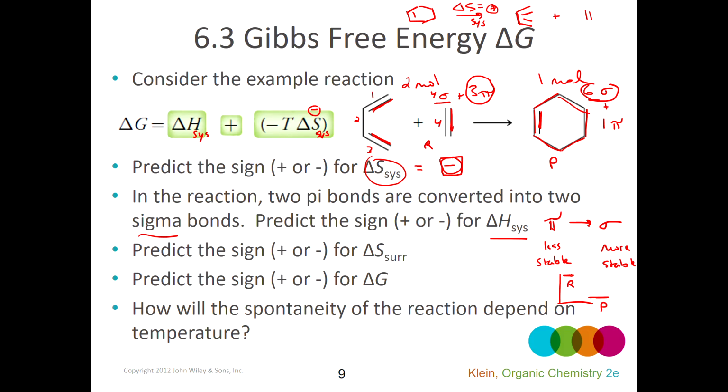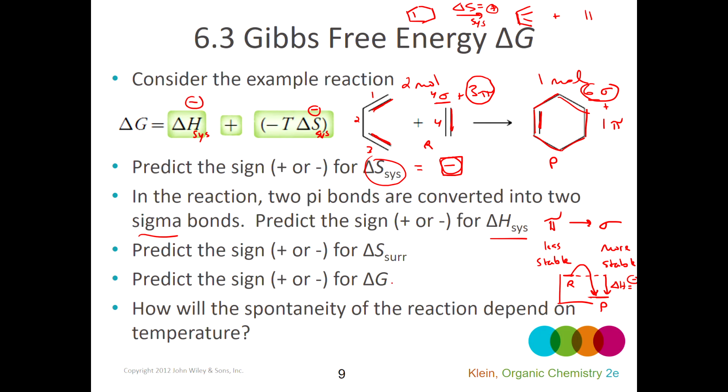And so to get from a high to a low potential energy on net, there's a decrease in enthalpy or potential energy, and that's negative. So the sign for delta H for the system is negative.